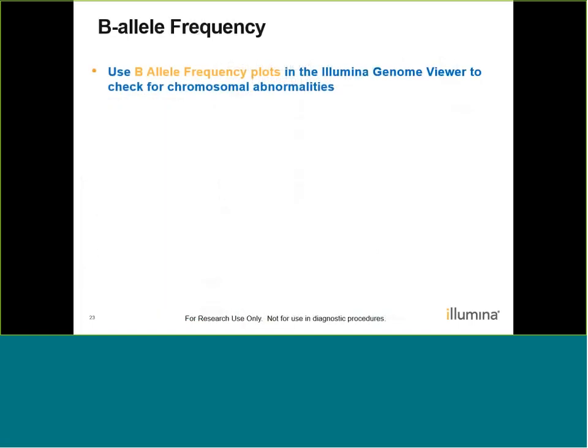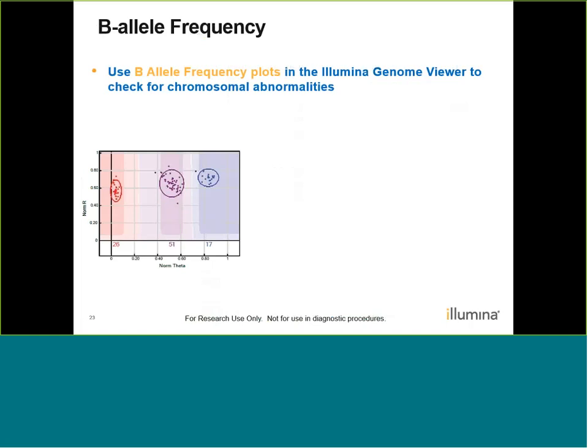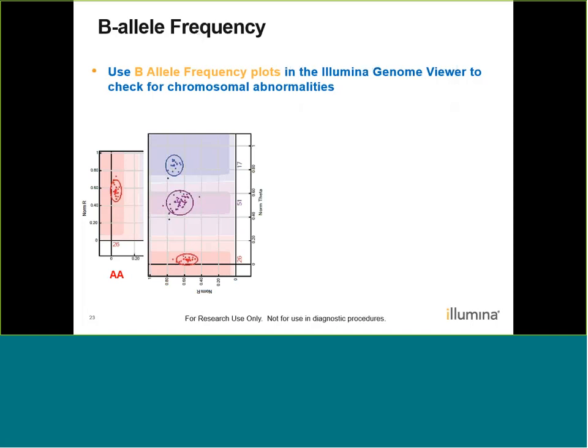We can use the B-allele frequency plot in a utility in Genome Studio called the Illumina Genome Viewer to look for chromosomal anomalies. So if we, again, look at the SNP graph with the AA, AB, and BB genotypes, let's take that SNP graph and turn it 90 degrees counterclockwise. And again, we see the genotypes of AA, AB, and BB.